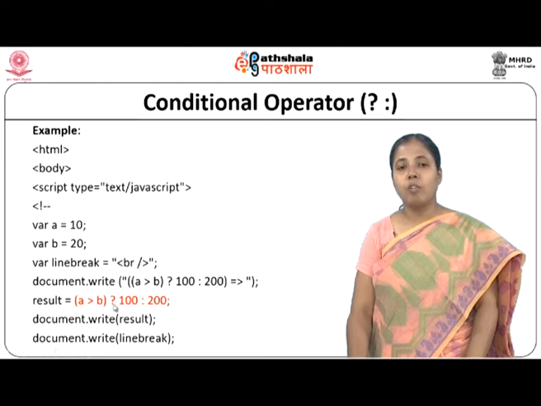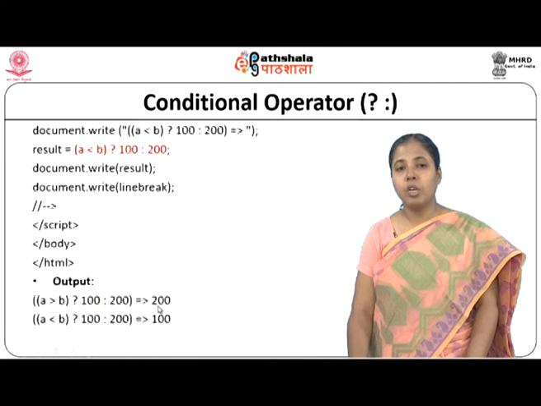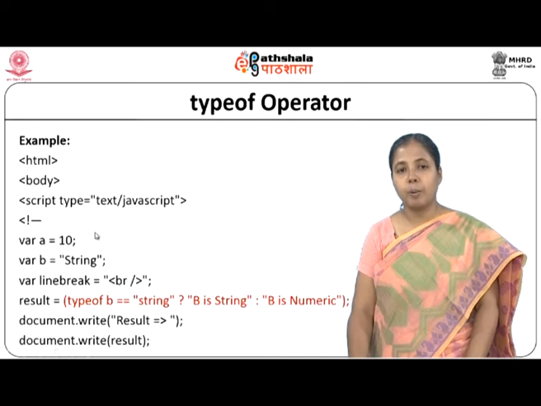So the result is either 100 if A is greater than B, or 200. Here A is not greater than B, so the output of the variable result would be 200. It checks and shows the value as 200.